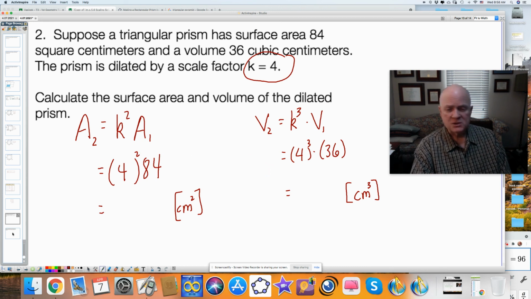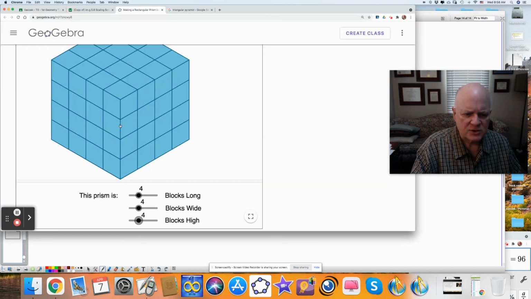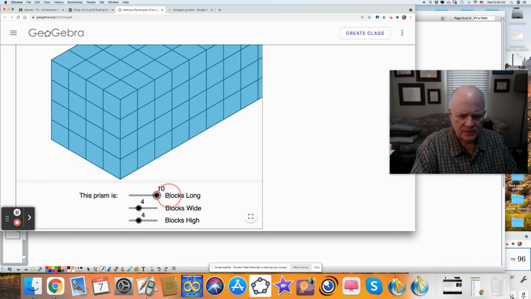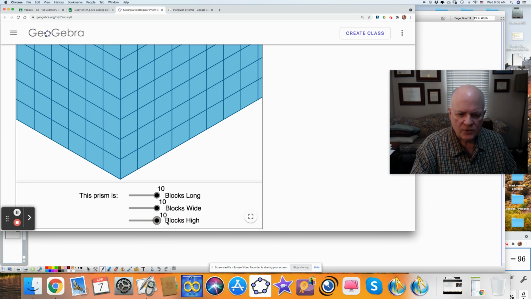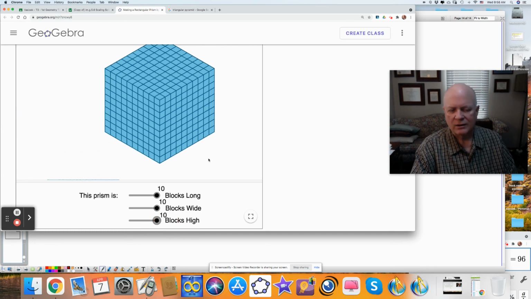The last question for the cool down is, consider a cube that measures 1 by 1 on each side. You can think of it as a dilation of a cubic inch to a cubic foot. It's going to be a dilation by a factor of 12. I wonder if I could do that with my tool. I don't think it goes up to 12. It might go up to 10. And see, it goes up to 10. It's going to be this huge cube. If you dilate it by 12, you would get this big block, and it's going to be 12 by 12 by 12.